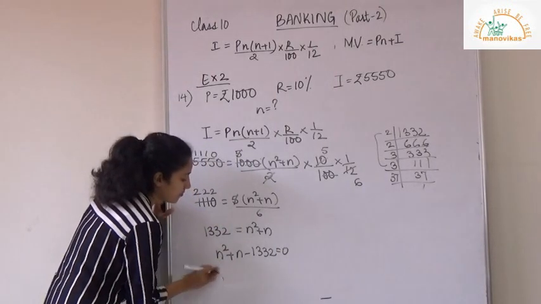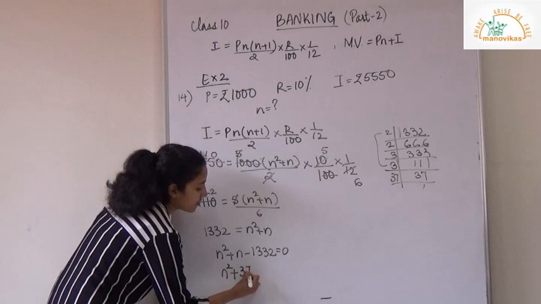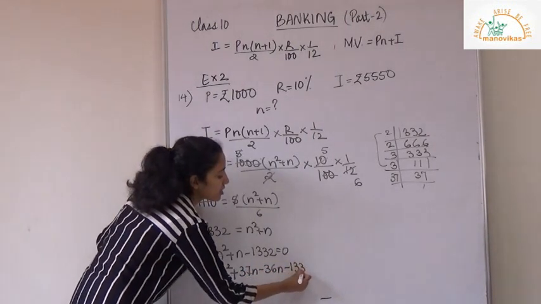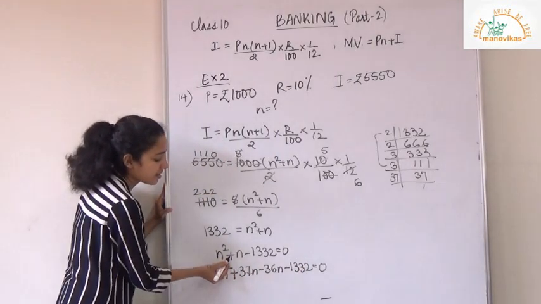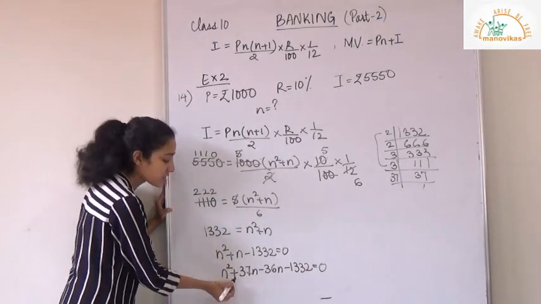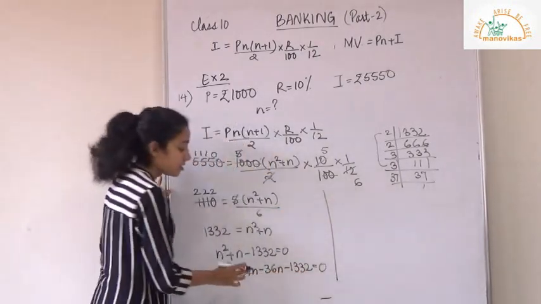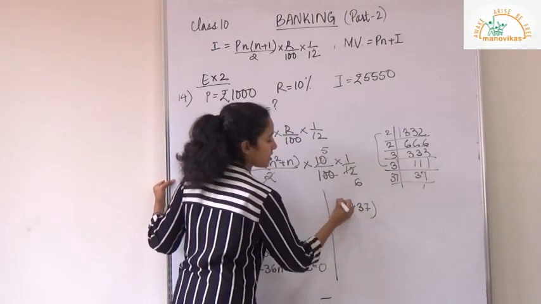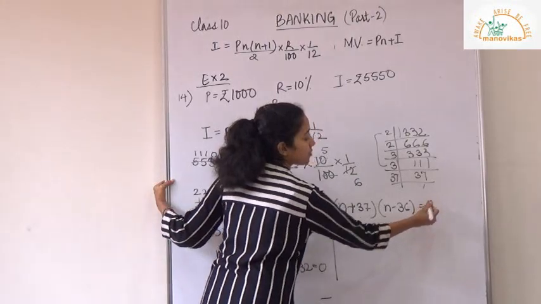So that will be n square plus 37n minus 36n minus 1332 equal to 0. The greater sign, that is positive sign, will go to the greater factor and opposite sign goes to the lower one. So you have n plus 37, n minus 36 equal to 0.